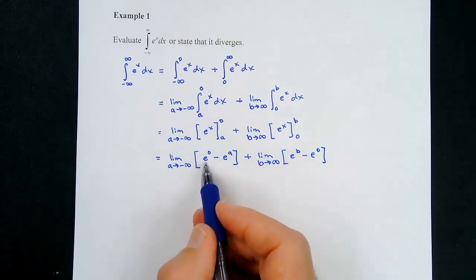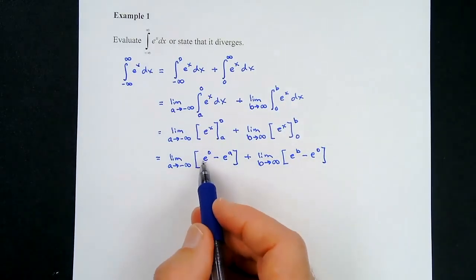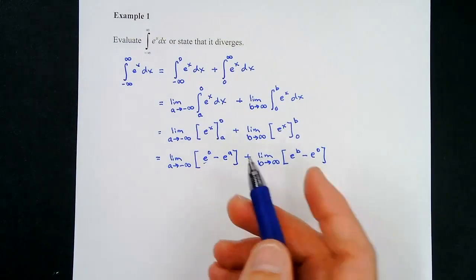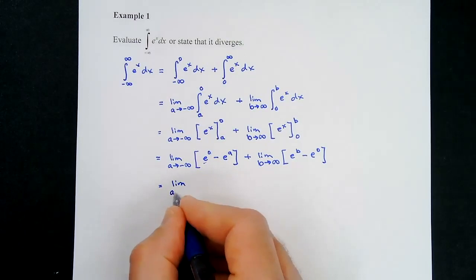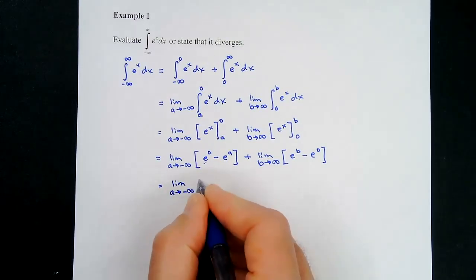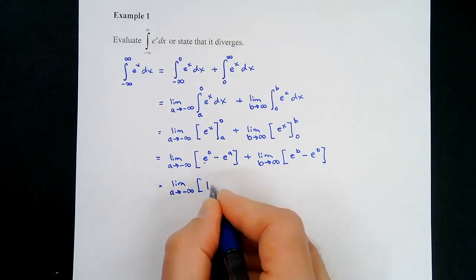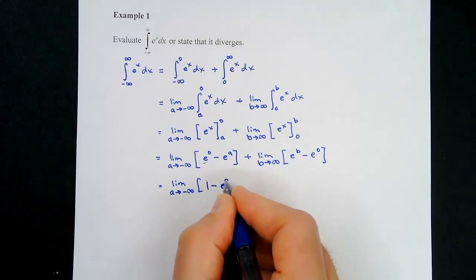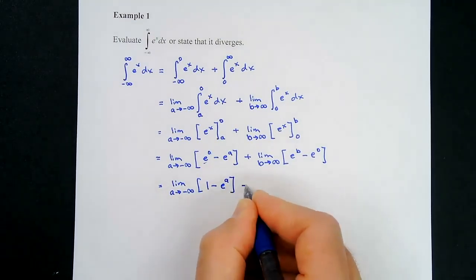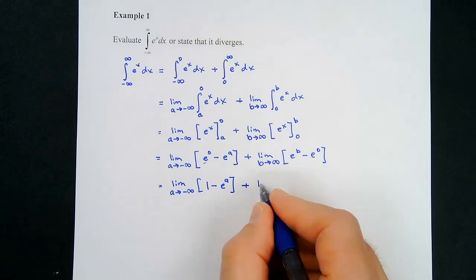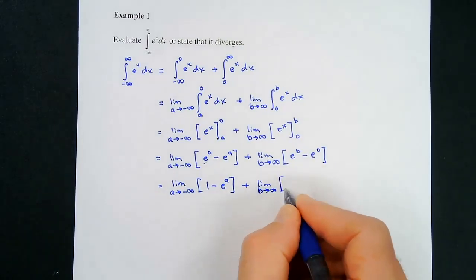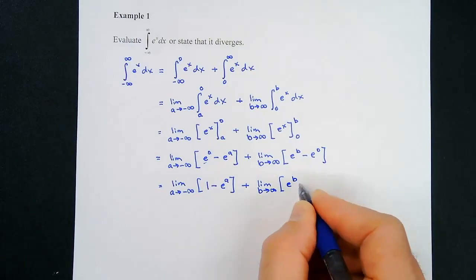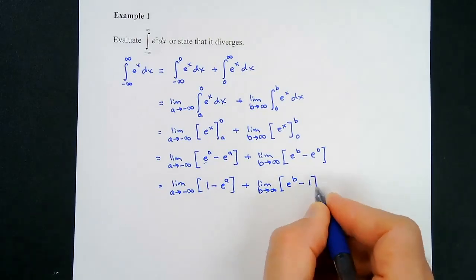And recall that e to the 0 power is actually going to be 1. So this is the limit as a approaches negative infinity of 1 minus e to the a, plus the limit as b goes to infinity of e to the b minus 1.